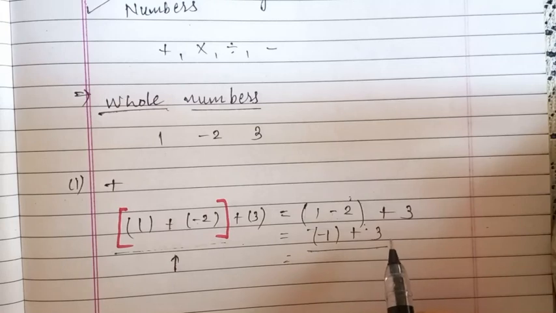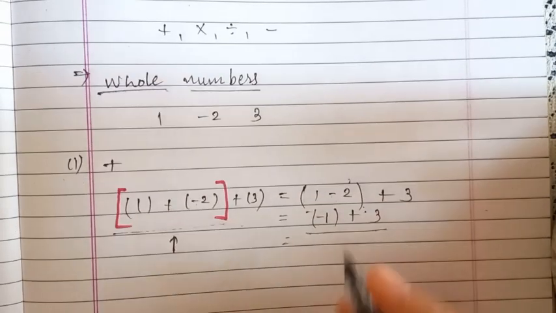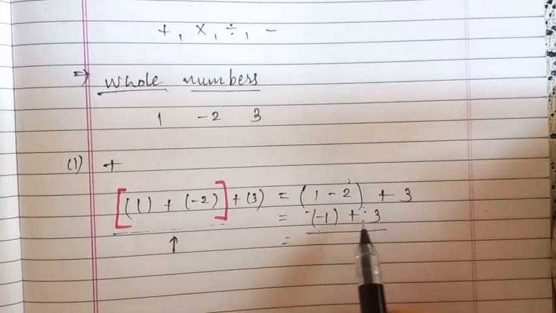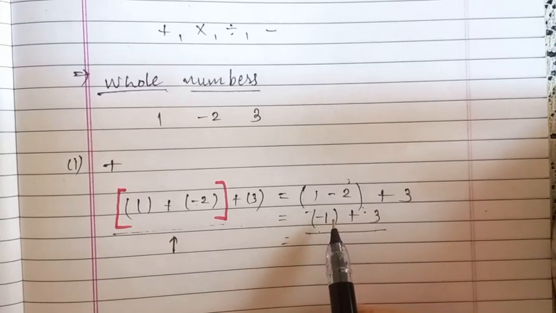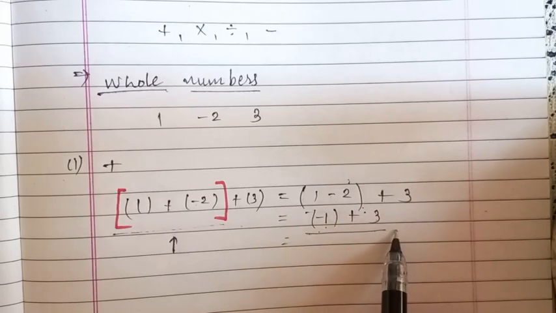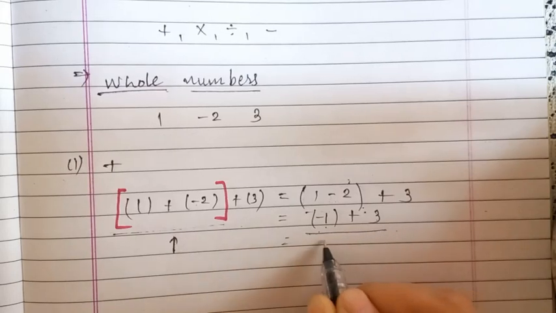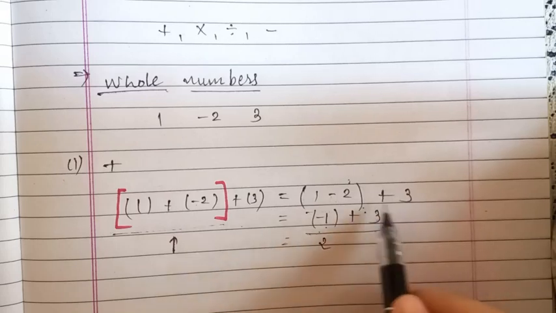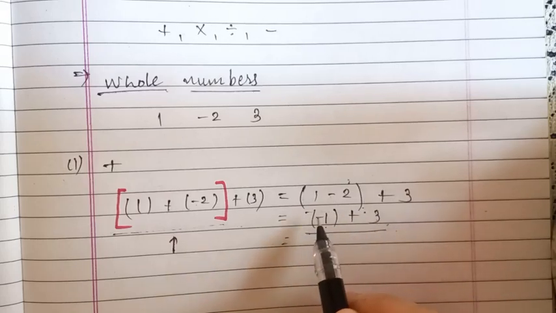Now this is simple, as we did it previously. One positive, one negative, so again we do subtraction, subtracting the small digit from the bigger digit. 3 minus 1 is 2, but here the answer will not be negative, because the bigger digit has a plus sign and the smaller digit had a minus sign.